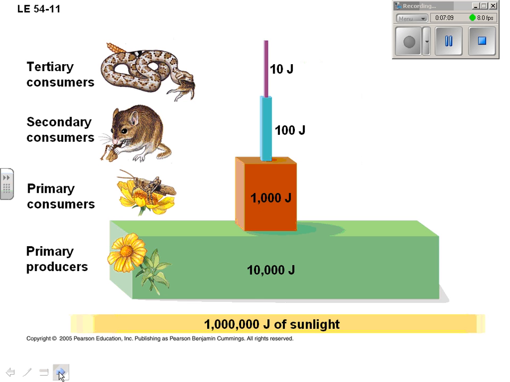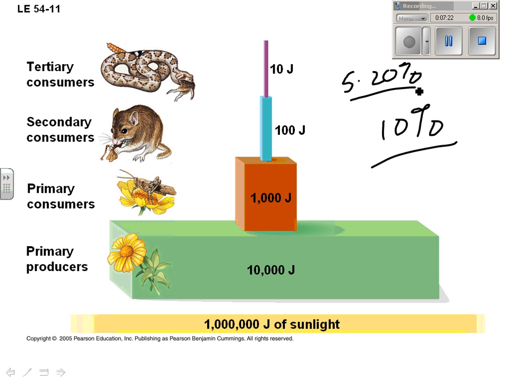So we use these things called energy pyramids to show energy passage. And you'll see that there's a general rule. The general rule of ecology is the 10% rule. Actually, for different organisms, it's between 5 and 20% of the energy that they take in that is available to be passed on to the next organism. So remember, this is primary production, primary producers.